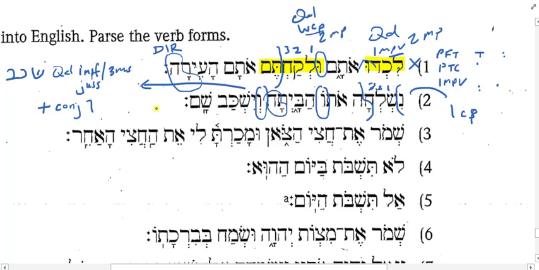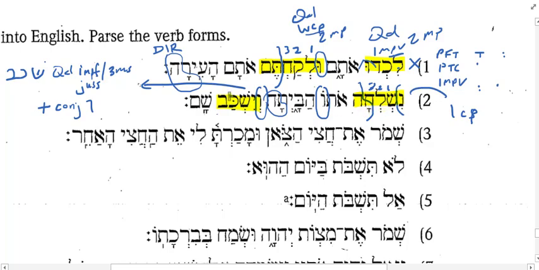Okay? All right. Now, these two verbs are in a sequence together. This one is volitional because it's a cohortative, followed by a simple conjunction vav attached to a prefix conjugation form. What we learned in Ross at the end of that chapter is that when you have a volitional form followed by a prefix form with a simple vav, this will often have the nuance of purpose.